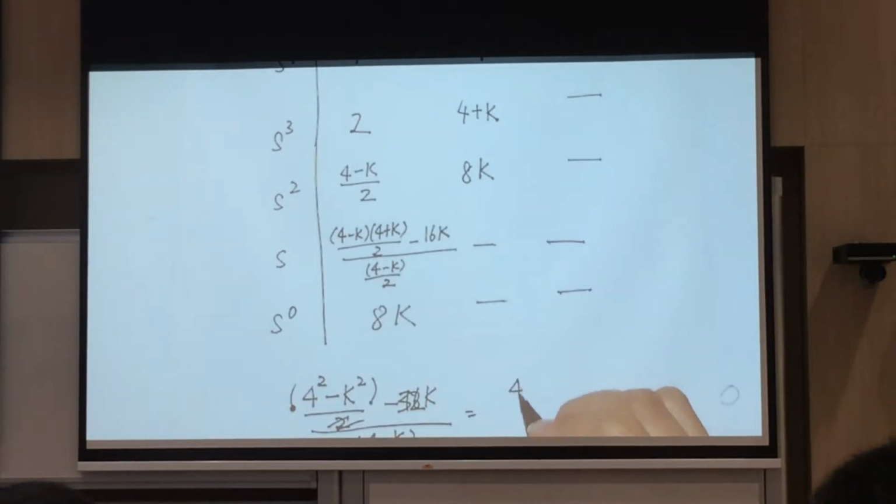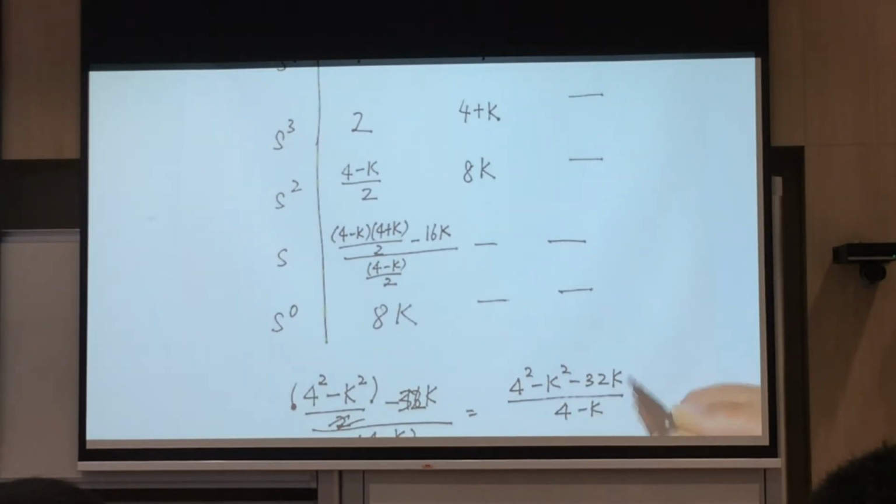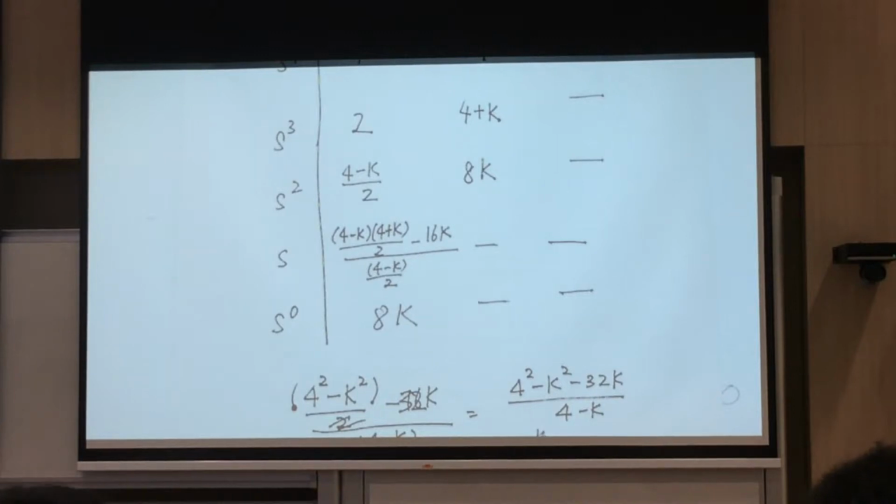Okay, so 4 square minus k square minus 32k over 4 minus k, minus k square minus 34k.